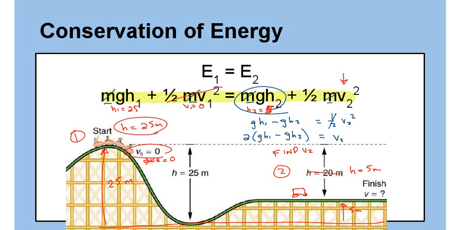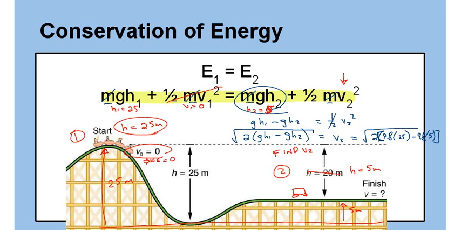I don't really want V2 squared, I want V2, so I could take the square root of that thing right there. And it'd be lovely to have a little bit more room here, but I think I can make this work. 2 times 9.8, let me put a bracket there, H1 was 25 minus 9.8 times 5.